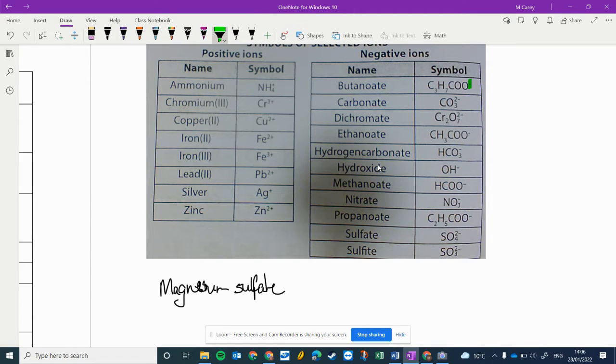Butanoate has a charge of minus, carbonate has a charge of 2 minus, dichromate has a charge of 2 minus, ethanoate has a charge of minus, hydrogen carbonate has a charge of minus, hydroxide has a charge of minus, methanoate has a minus charge, nitrate has a minus charge, propanoate is minus, sulfate is 2 minus, and sulfite is 2 minus. And what is the formula?